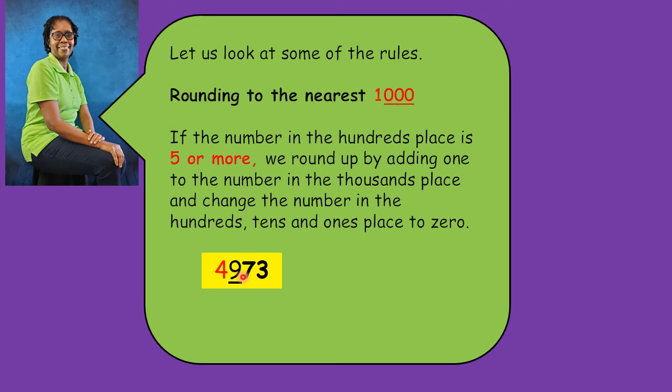And when we round up, what do we do again? Excellent job. When we round up, we add 1 to the number in the thousands place in this case, and we add 0 in the hundreds, tens, and ones place. So which bright boy or girl can tell me the answer for this problem? 4,973 rounded off to the nearest 1,000.